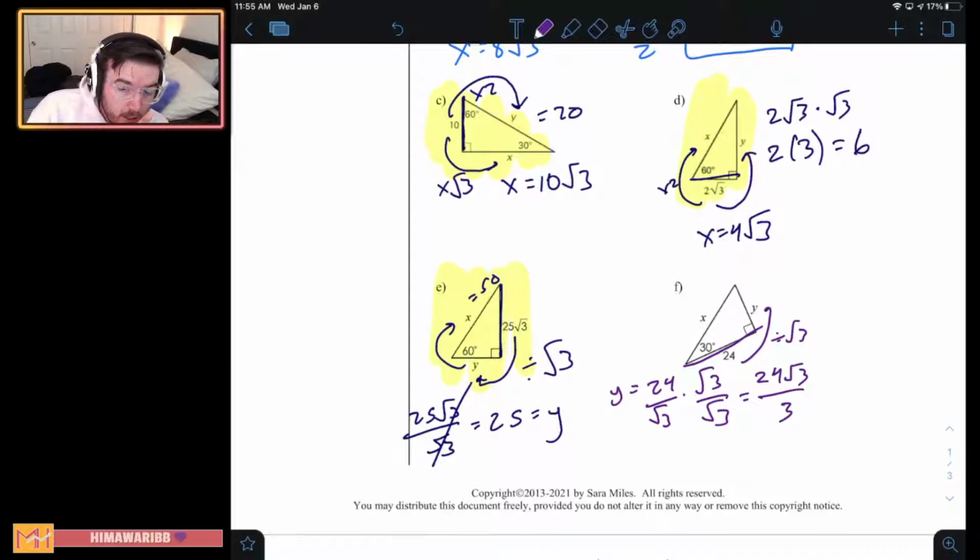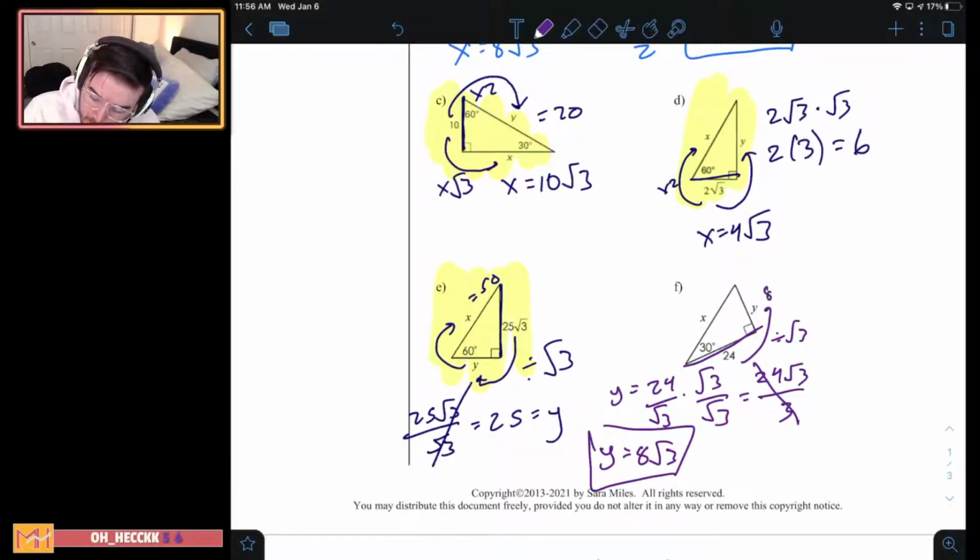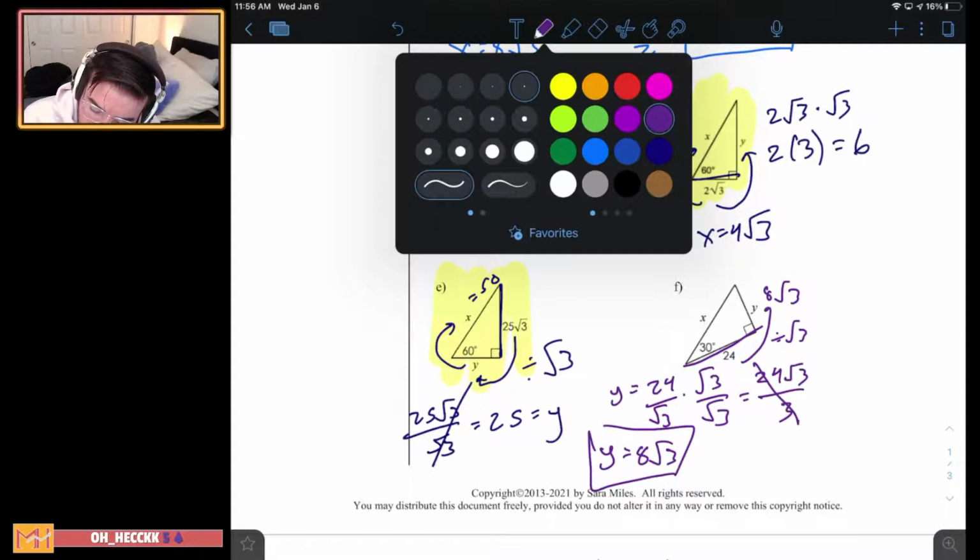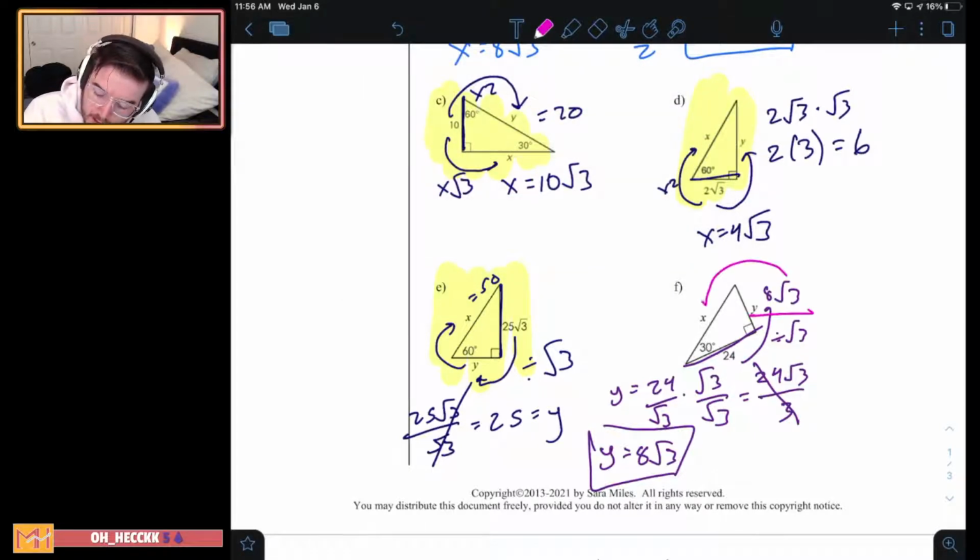But don't ignore the fact that 24 divided by 3 is 8. So we can actually reduce that down to a nice, pretty 8 root 3. And then how do we go from the short leg to the hypotenuse? You simply double it. 16 root 3.